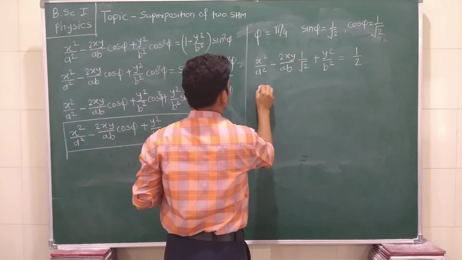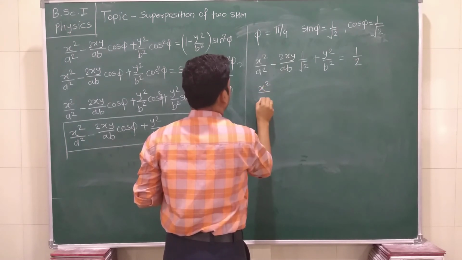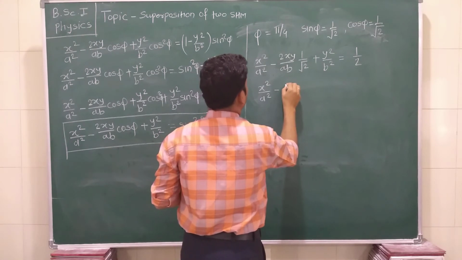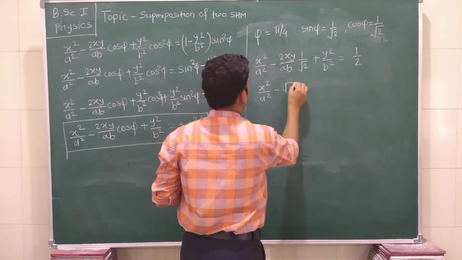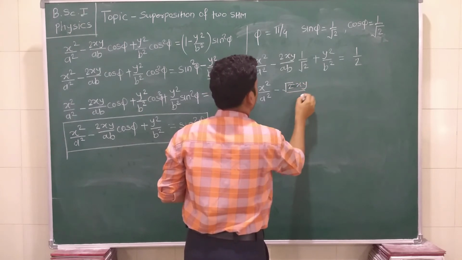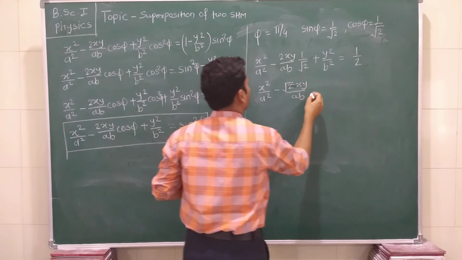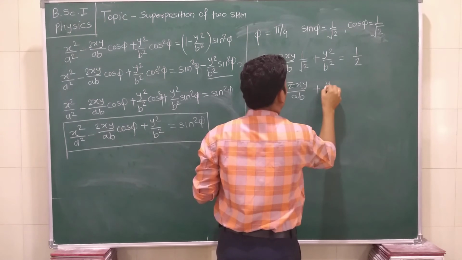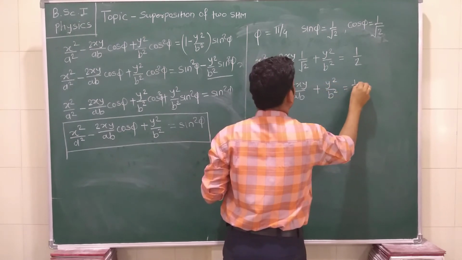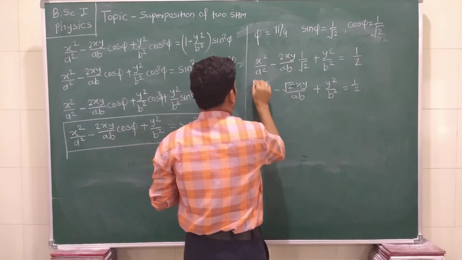So it can be written as x²/a² − √2 xy/(ab) + y²/b² = 1/2. And what is this?